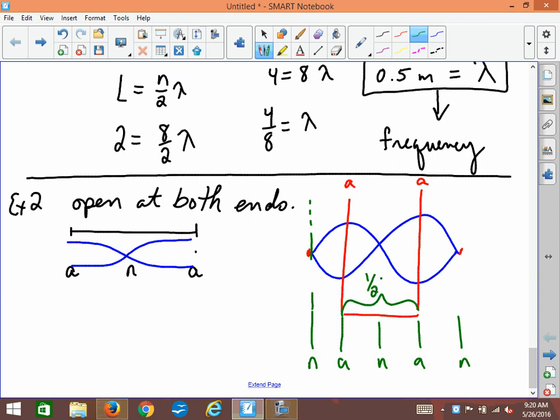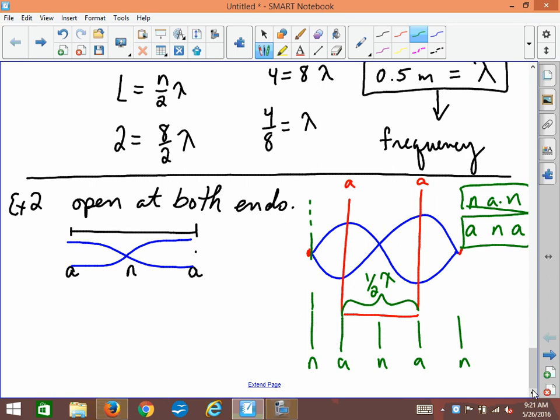It's still a half a wavelength. So having it open at both ends means we get a slightly different view, but it's the same vibration. Instead of starting with a node and ending with a node, so instead of node, antinode, node, we're getting antinode, node, antinode. It's the exact opposite, but the length of this section of the wave, which I've shown here, is still a half a wavelength.